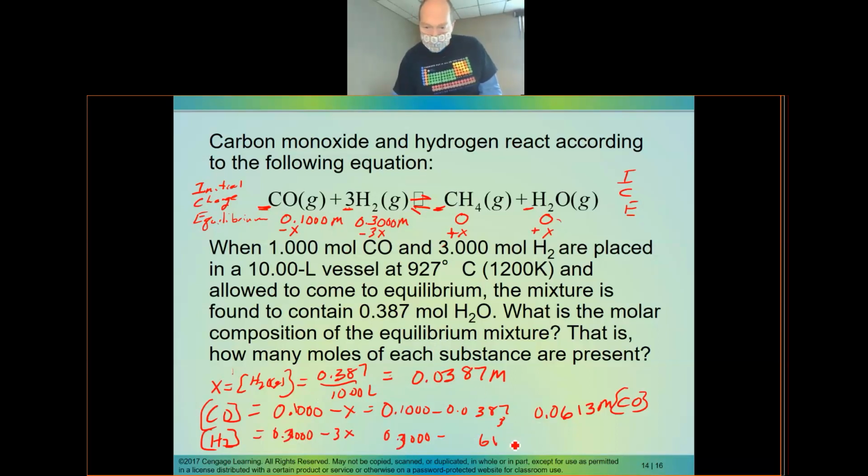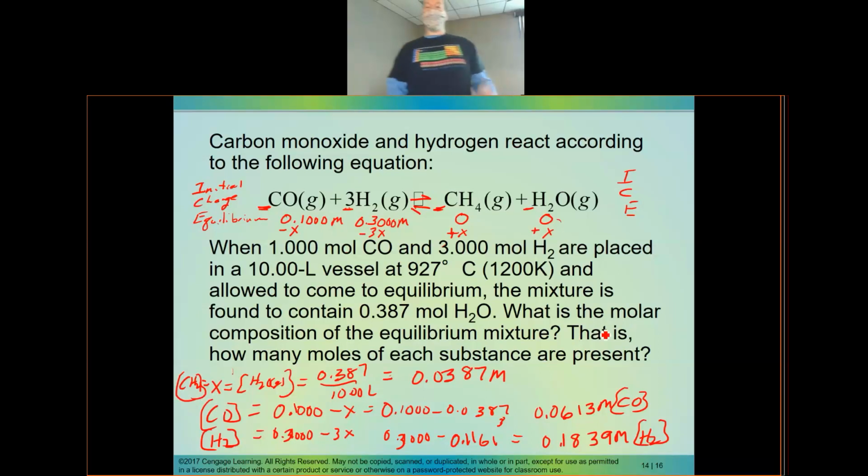Our initial concentration is 0.3, and I'm multiplying x by 3. I'm doing all this math in my head, so hopefully that comes out correctly. So our concentration of H2 at equilibrium, if I did my math correctly, is 0.1839 molar. And then since CH4 and H2O are both x, that is not only equal to our H2O gas, that's also equal to our CH4.